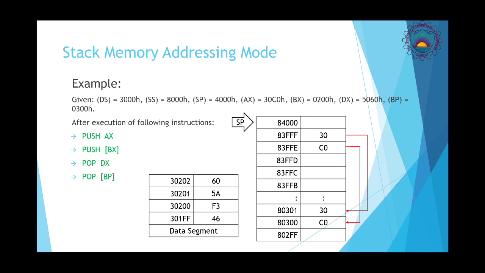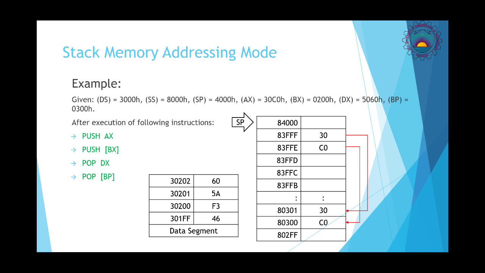So as shown in figure, C0 is moved from location 83FFE to location 80300 within a stack segment, and a byte 30 is moved from top of the stack location 83FFF to a location within stack segment 80301.